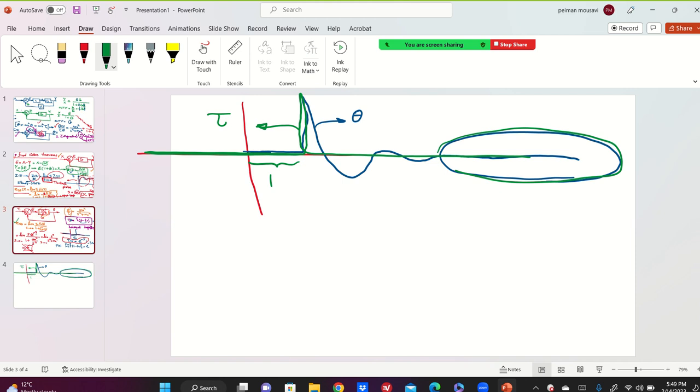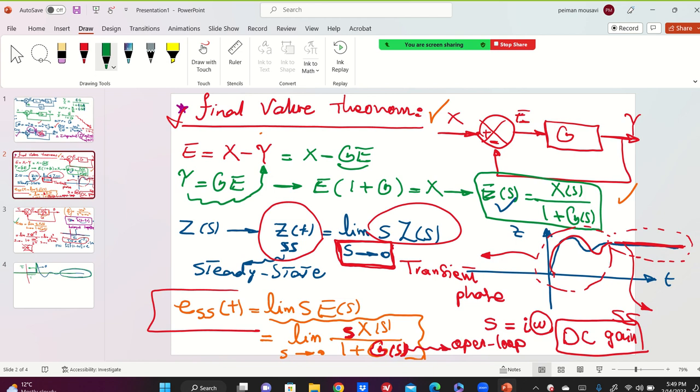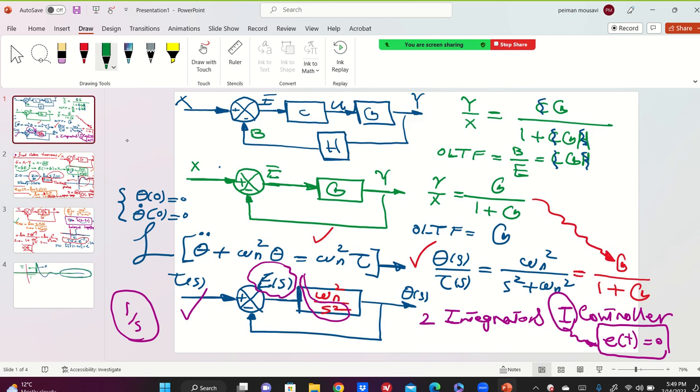No. Now I want to look at the original system before going to the math. Look at here and let me know why the answer is wrong. Guys, I don't care if you don't learn control from my class.